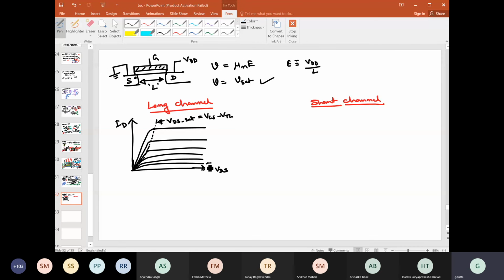Suppose this is for 0.5, we are increasing by 0.5 like that, and say the threshold voltage is maybe 0.2 or 0.3, just for an imaginary case, otherwise it would be difficult to explain. And suppose this is at 1 volt, this is at 1.5 volt, and for all VGS, this is at 2 volt, this is at 2.5 volt, this is at suppose 3 volt, right?